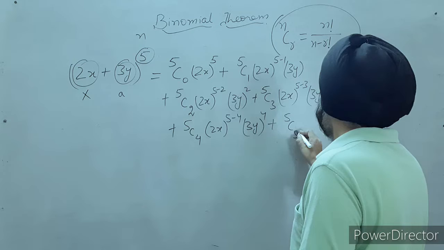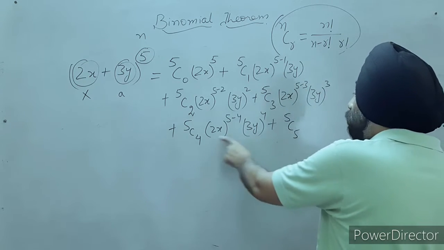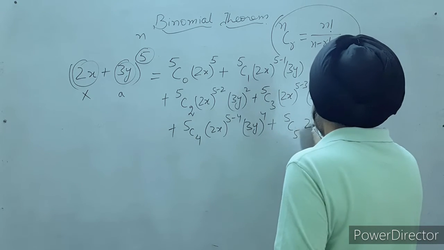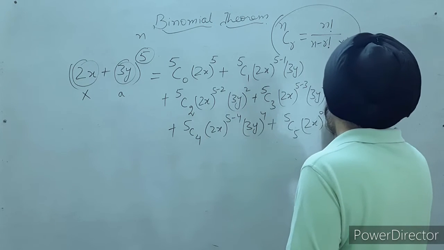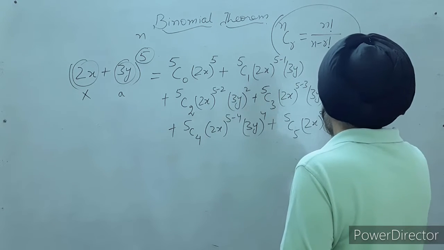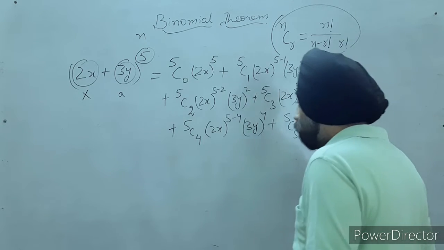Look, we have to go up to nCn. 5c5 2x raised to power 0, 5 minus 5 is 0, and 3y raised to power 5.